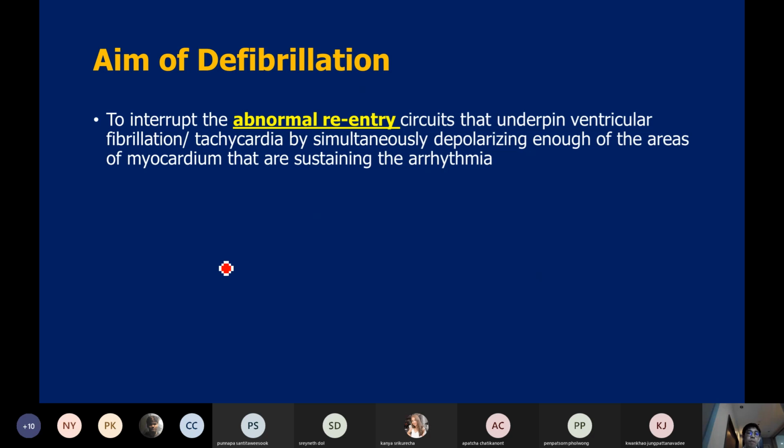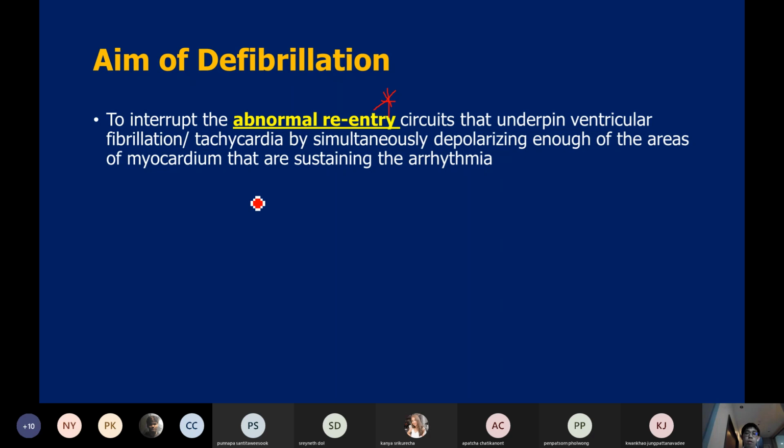The second therapy of the AICD is the defibrillation therapy or shock therapy. It is aimed to interrupt the abnormal re-entry. We have to remember that only the re-entry mechanism of arrhythmia can be terminated with shocking.